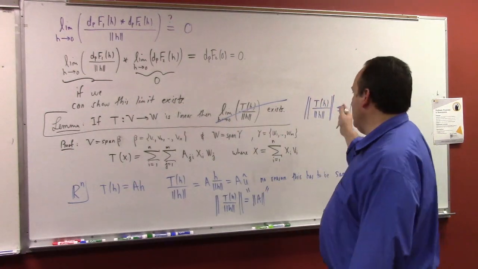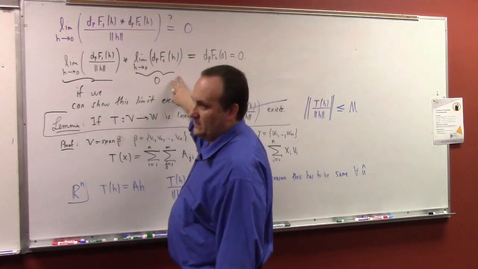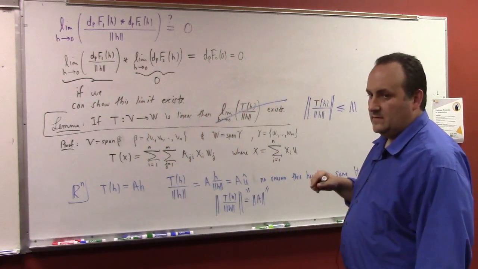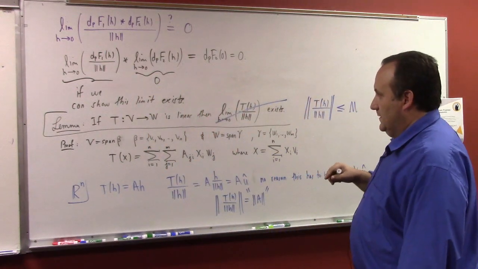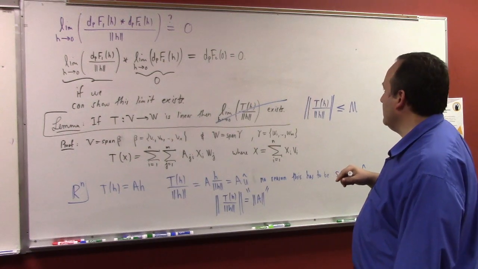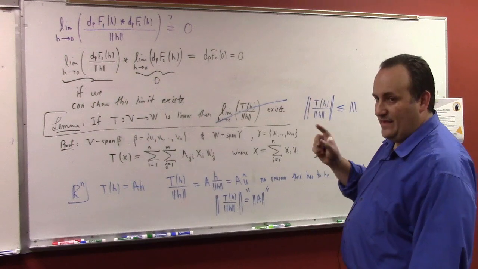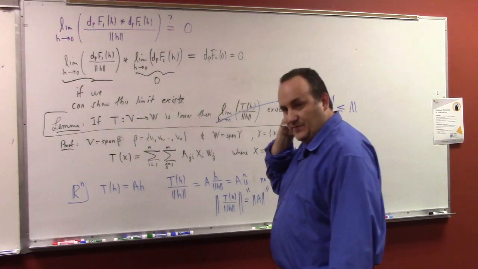Because that's bounded, and because this goes to 0, we're able to prove that the product exists. So we can't use the product of the limit theorem on this piece.